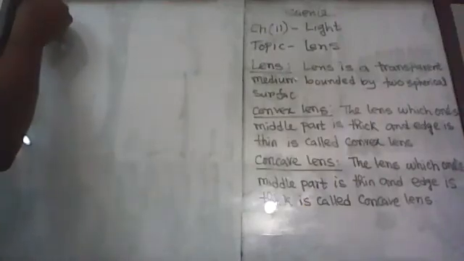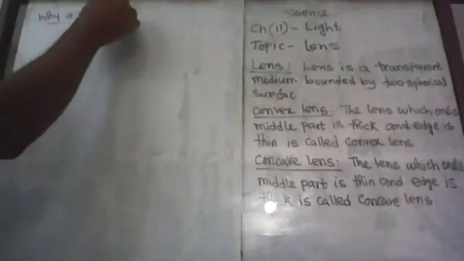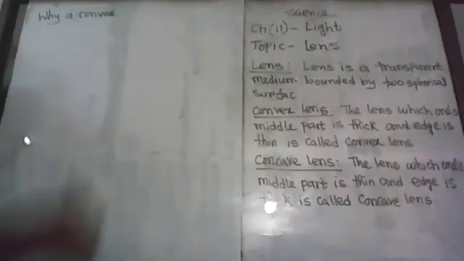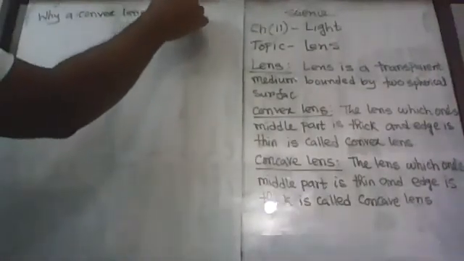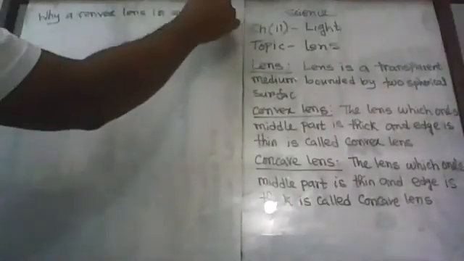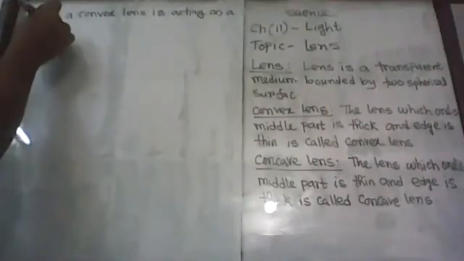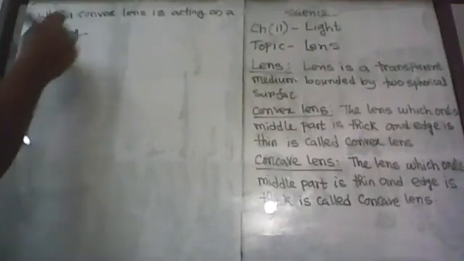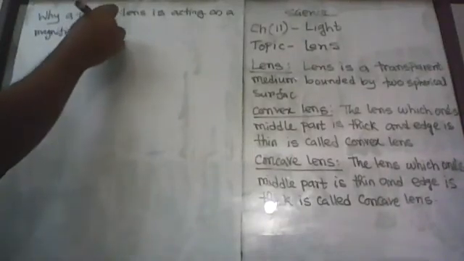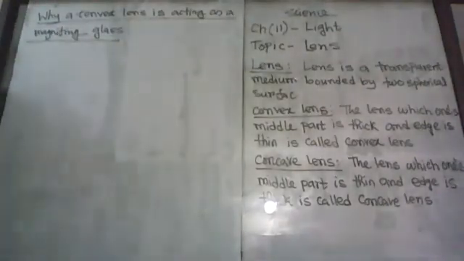So my question is why a convex lens is acting as a magnifying glass.